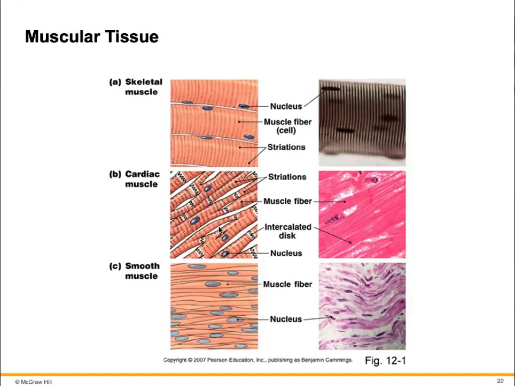The other thing that you'll notice is that the smooth muscle, in comparison to skeletal and cardiac, is lacking striations, and they look more spindly, where there is a central nucleus and then it comes to a point on either side with the plasma membrane.